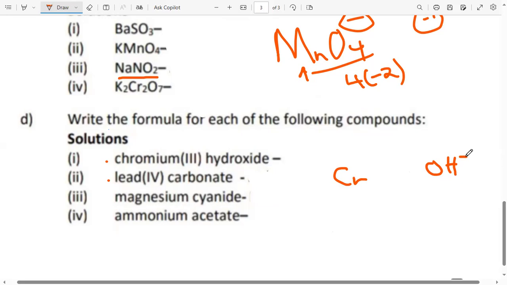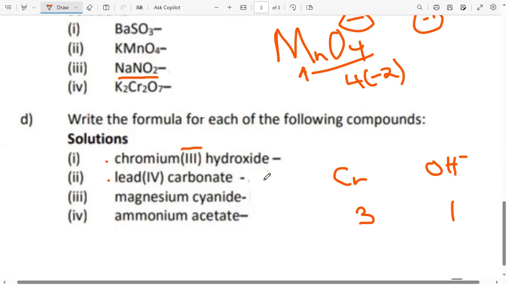Because it's a special radical, or you can say it's water that has lost one of the hydrogens. Remember when I was giving those common radicals, I said it has a valence of 1. And because chromium is a transition metal, its valence is always given in the question. So chromium 3 means the valence that they are using here is 3.